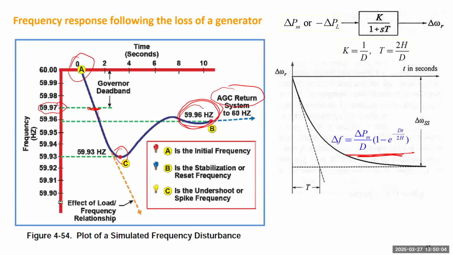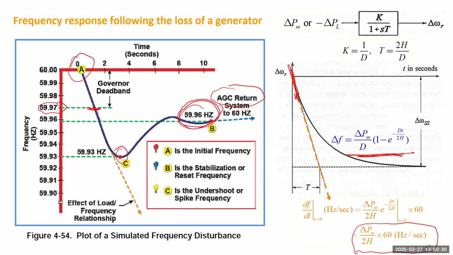If we want to find this slope at the starting point when the disturbance happens, we just calculate the first order derivative with respect to time at time 0. So we just solve the derivative of this function, and the final answer is this one.